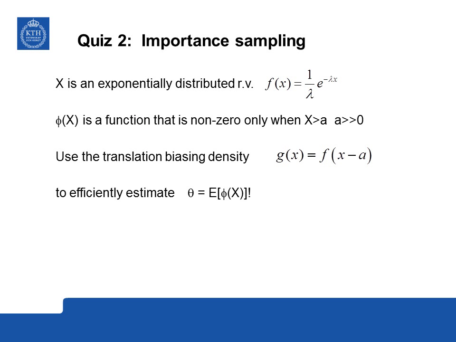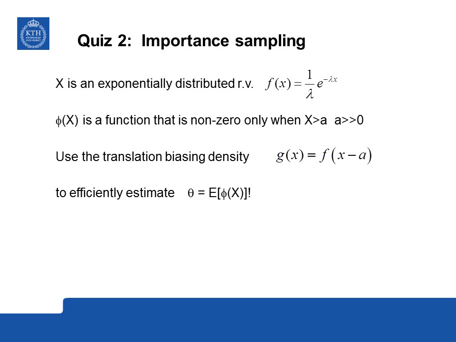So let's have a little quiz problem here to apply importance sampling. We take a particular example here. X is now an exponentially distributed random variable with the density function as given in the slide.